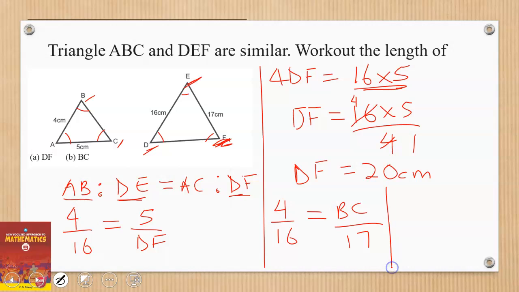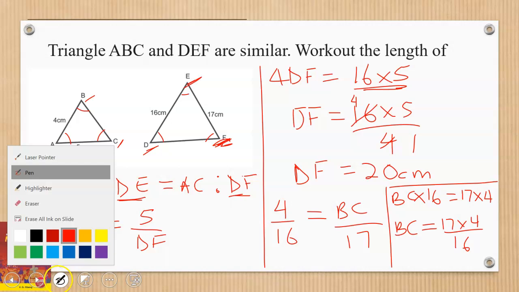Then we can still do our cross multiplication, so then BC times 16 should be equals to 17 also times 4. When we divide both sides by 16, then BC will be equal to 17 times 4 over 16.